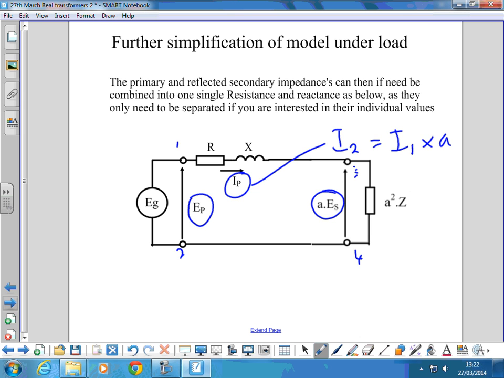We can calculate the power being put in this side and the power coming out the other side, and find the efficiency of that transformer under different loads using that simplified model. But we've got to know what the detailed model is to be able to find ultimately the values of these. So we've got to find out what their separate values are, but then we can pull them together.